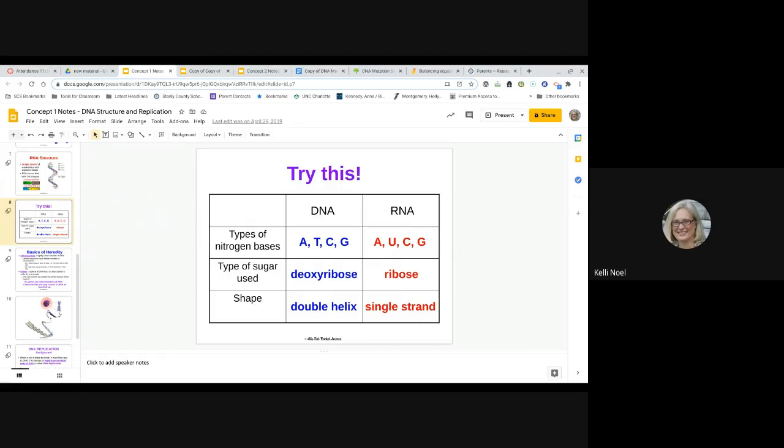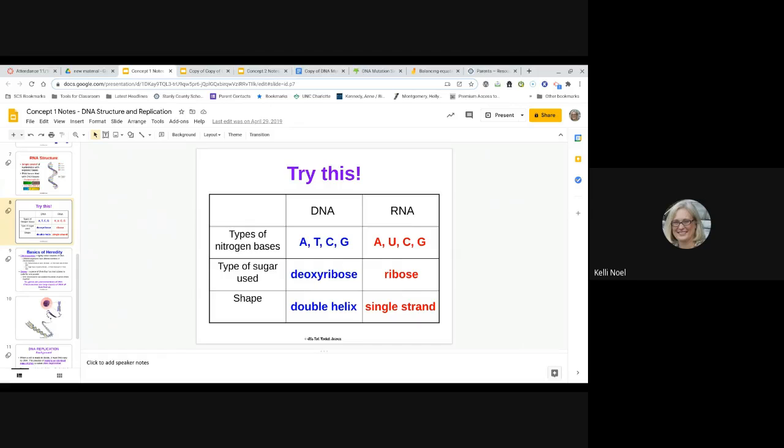So RNA, instead of being double, it is single. It has a ribose sugar, so the sugar is different. And the bases are the same except for right here.